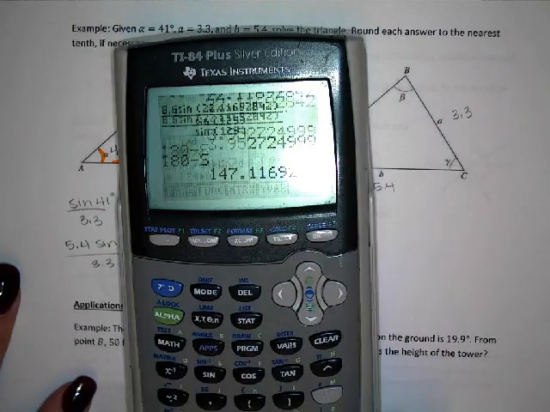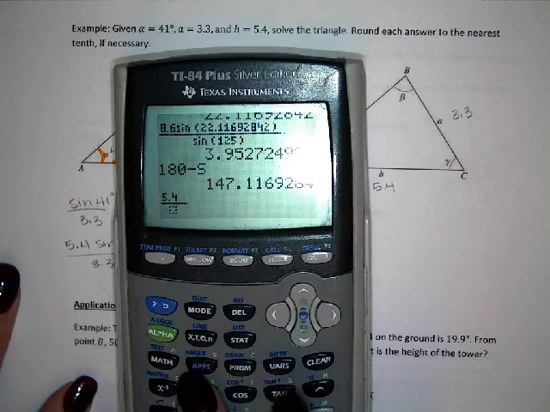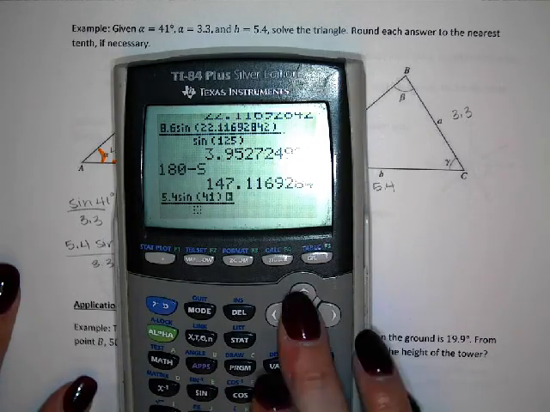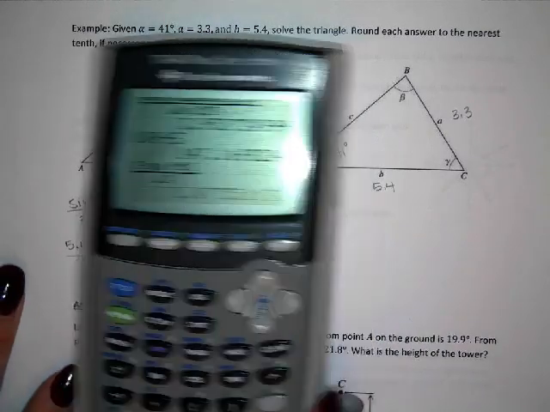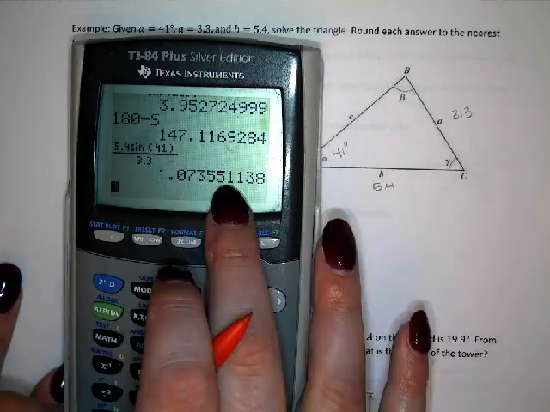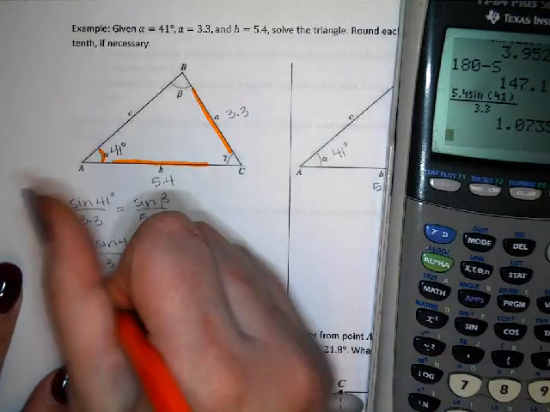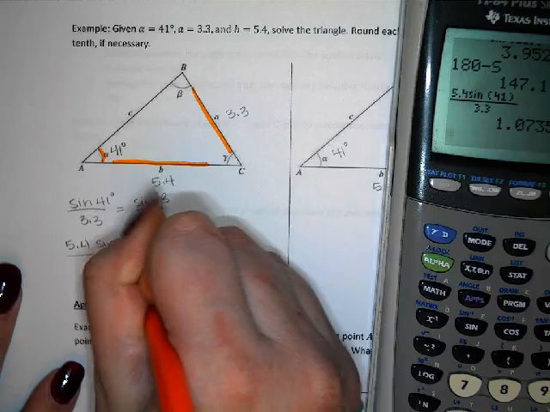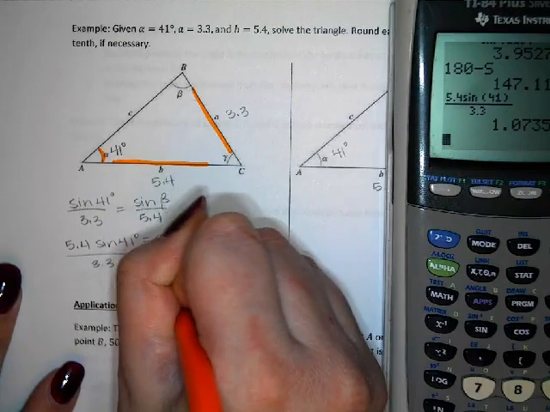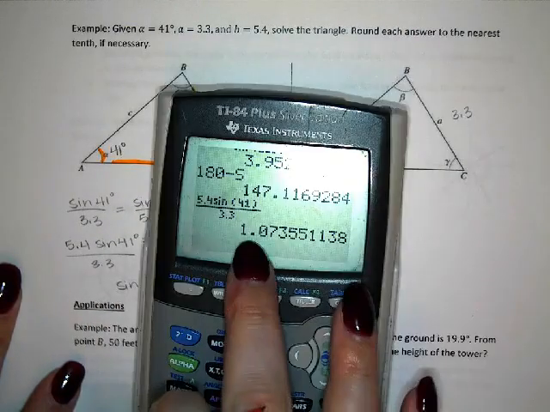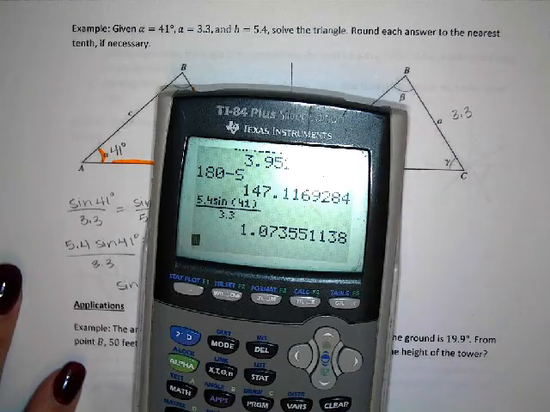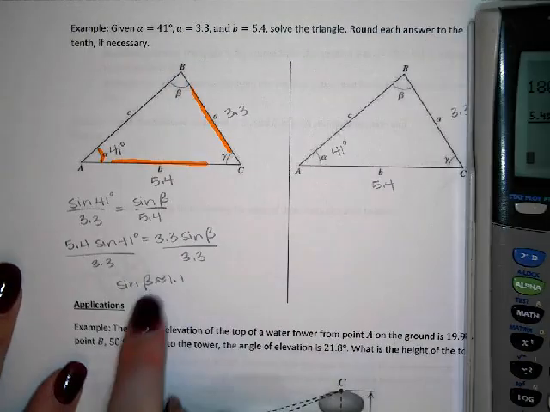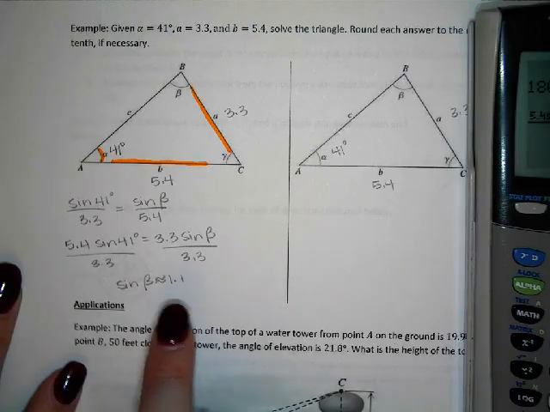And we get a decimal, but immediately there's actually a problem here. Sine B is approximately 1.1. This decimal is not between -1 and +1, it's greater than +1. And we know that a sine curve is supposed to be between -1 and +1. So what's about to happen is that when we try to solve this for beta, when we do sine inverse, we're going to get an error message on the calculator.